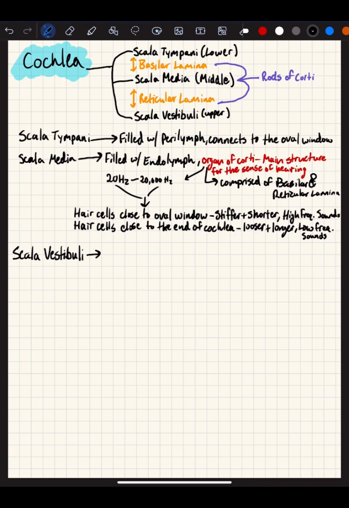So the scala vestibuli, just like the scala tympani, is going to be filled with perilymph, which is the fluid based off of the bony labyrinth, as we talked about earlier, and it also connects to the oval window.